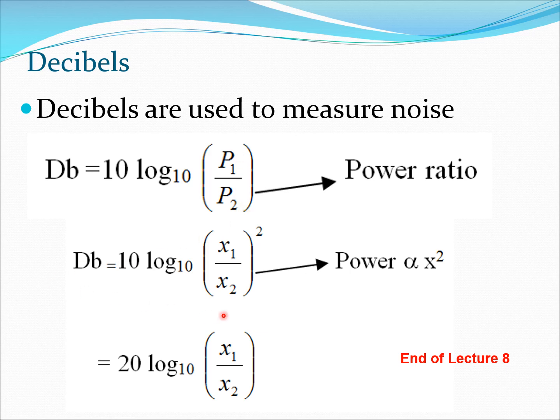And realizing that power is proportional to the displacement square, we can write dB as 10 log10 of (x1 by x2) square, and that then gives us 20 log10 x1 by x2, because this 2 can be taken in front, and so it becomes 10 into 2. So decibels are very important in terms of measuring noise. You will often see that noise is classified in terms of decibels.